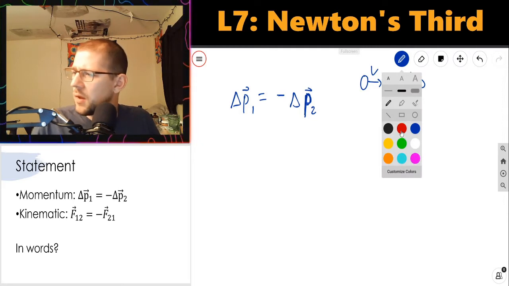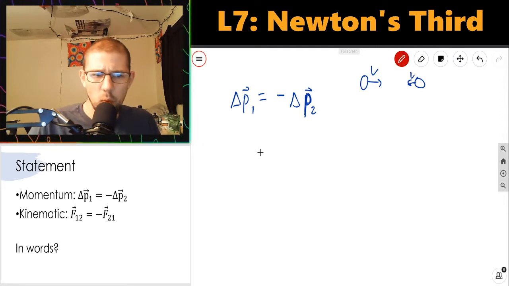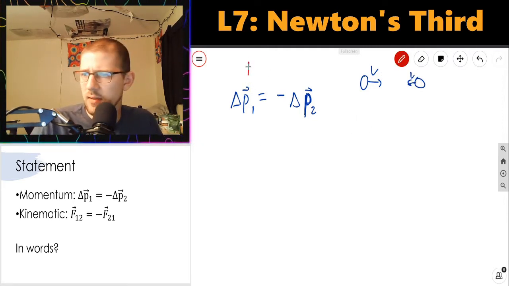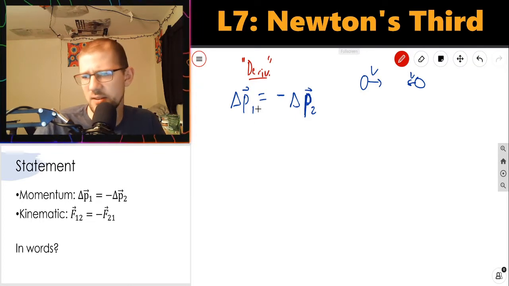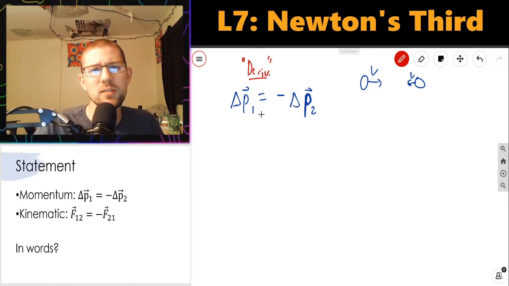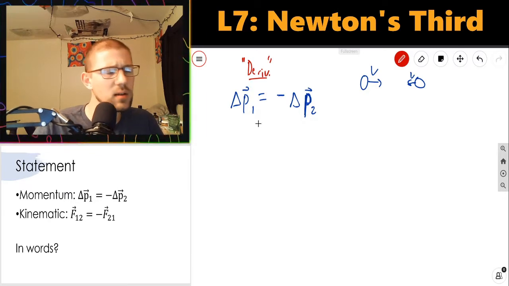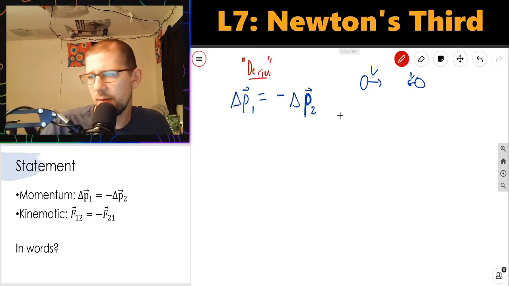Okay. So, what I'll do, same as in the last two laws, I'll show you real quickly in a hand-wavy derivation how we get from this momentum lens, this change in momentum type lens, to this force-based or kinematic lens. This time, we're going to use the definition of change in momentum for a particle.